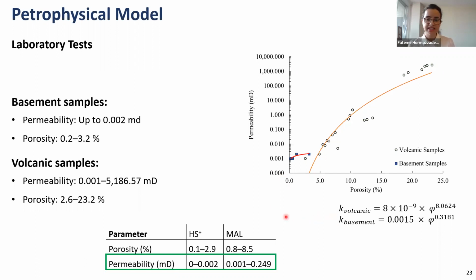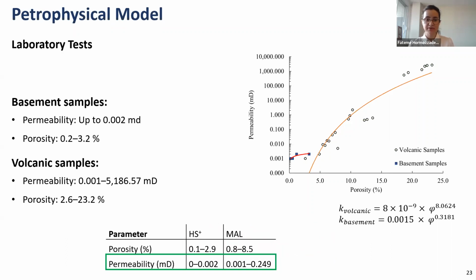Based on the lab data for the basement and volcanic samples, we defined the relationships between porosity and permeability, and we use these equations to convert the porosity range from the Hashin-Strikman model and the modified Archie's law to permeability.